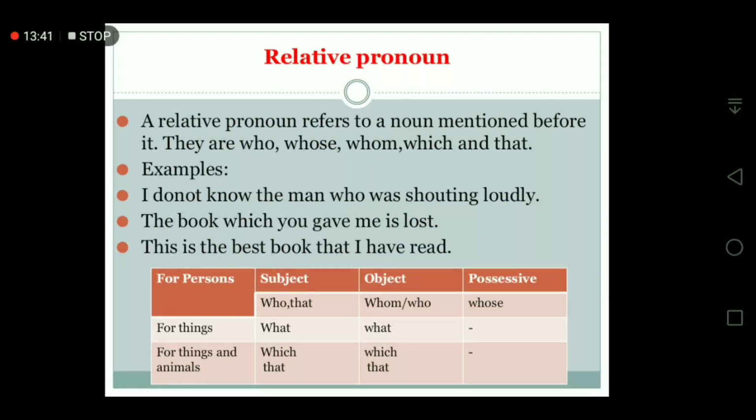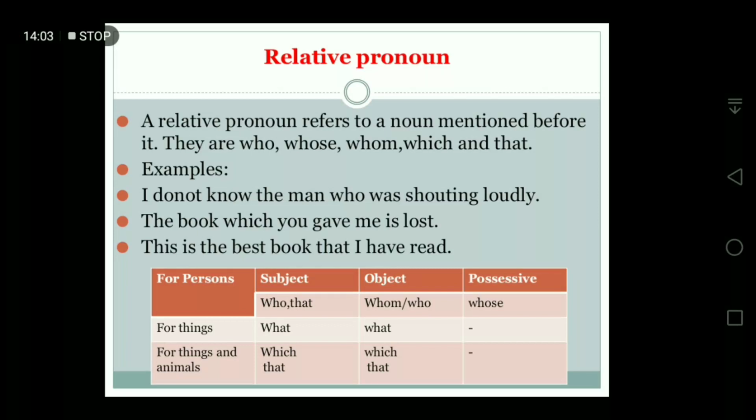Then relative pronoun. A relative pronoun refers to a noun mentioned before it. Clear? Relative pronouns are words that relate to a noun mentioned before, like who, whose, whom, which, that.